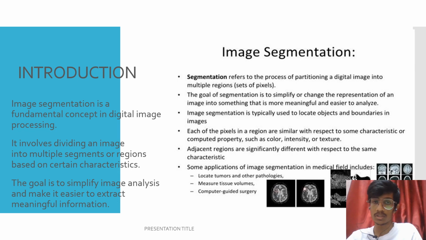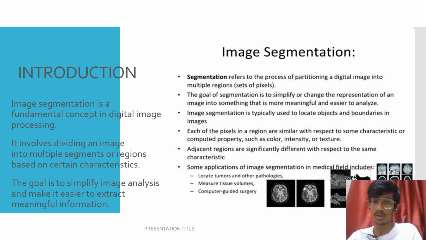Next point, each of the pixels in a region are similar with respect to some characteristics or computed properties such as color, intensity or texture. As I said in the previous point, it depends on the color, intensity and texture.